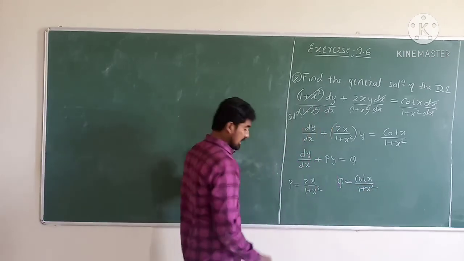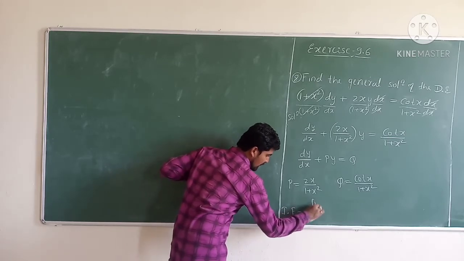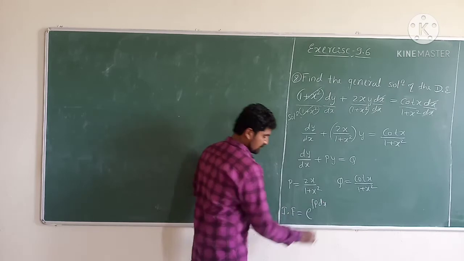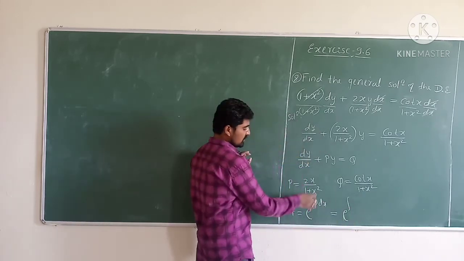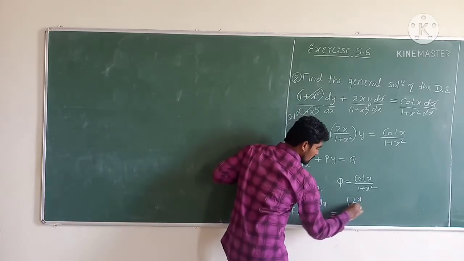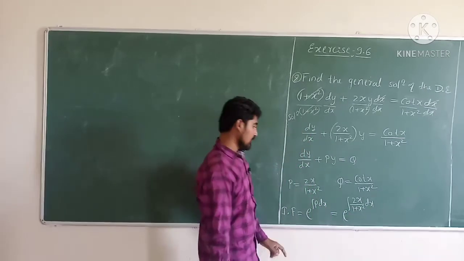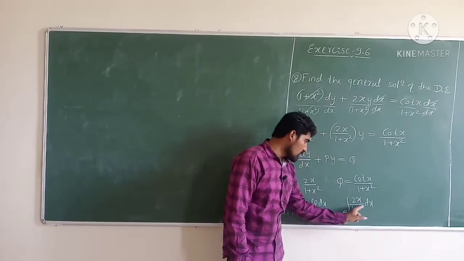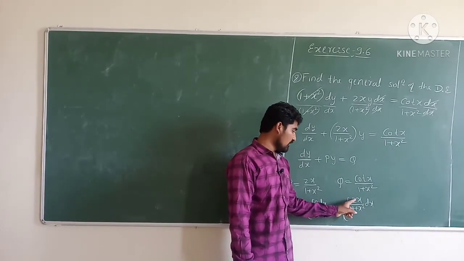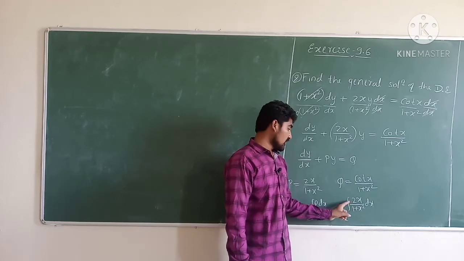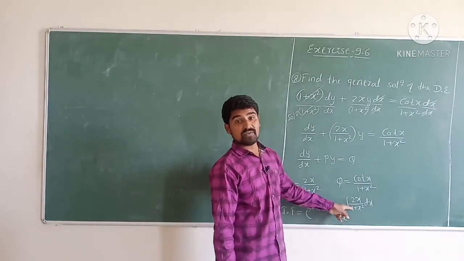Now the integrating factor is equal to e power integration of p dx, which is equal to e power integration of 2x divided by 1 plus x square with respect to x. The differentiation of 1 plus x square is 2x, therefore this is in the form of integration of f dash x divided by f x. The integration of f dash x divided by f x is log of f x plus c.